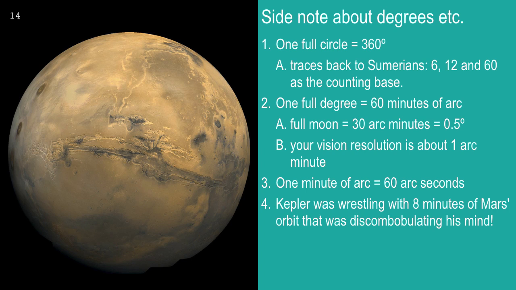Question? Can you go more into subsection 2? What do you mean the full moon is equal to 30 arc minutes? If you take a protractor and sight from the left edge of the moon to the right edge of the moon, it's not even a degree. It seems small, but to your eye, it's big. For the moon to go from one horizon directly overhead to the other horizon, it crosses its own diameter.